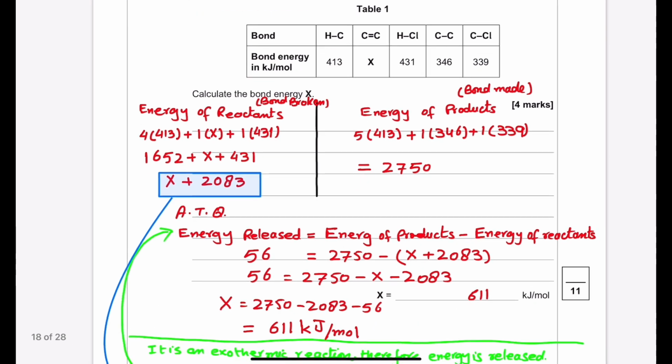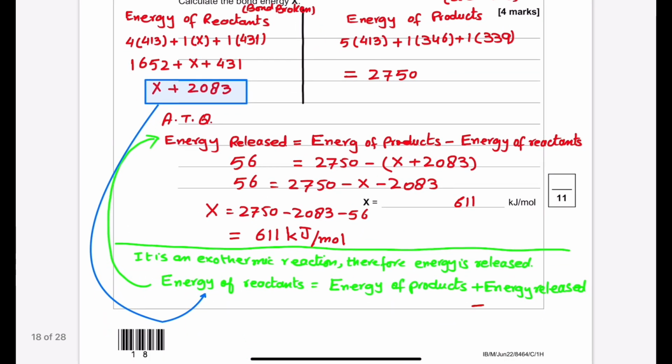We need to use these values here in this equation or in this equation. Both equations are valid.